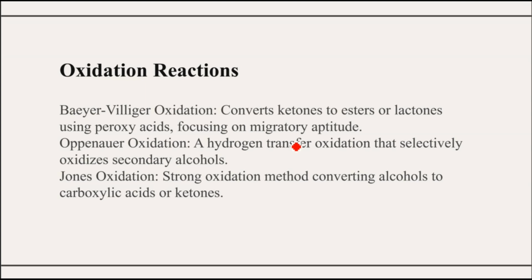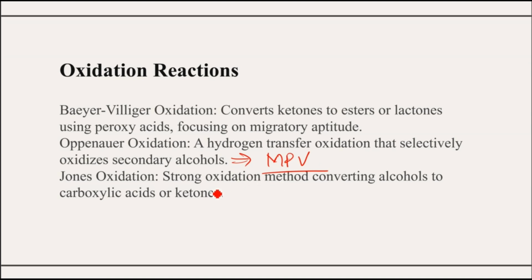Then Oppenauer oxidation, where hydrogen transfer oxidation happens, where a secondary alcohol and aluminum isopropoxide are used as the reagent, right? And then comes Jones oxidation. Before that, this part can be asked with a comparison to the Meerwein-Ponndorf-Verley reaction, MPV reduction.